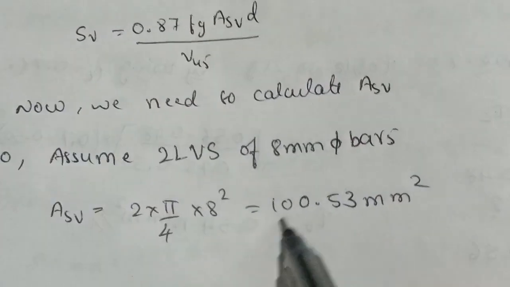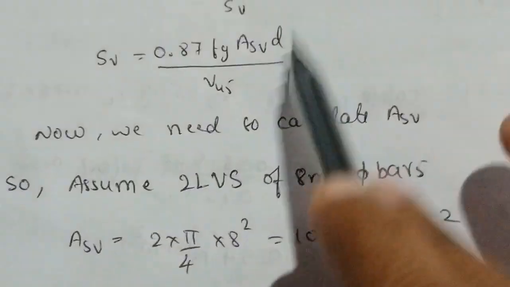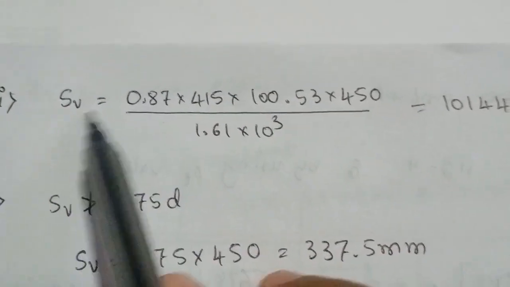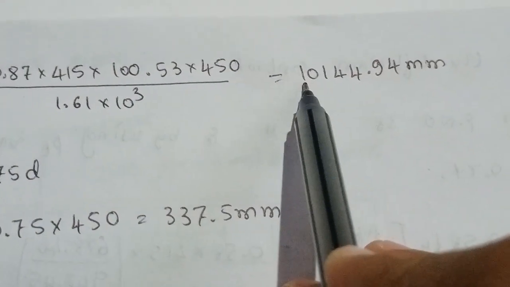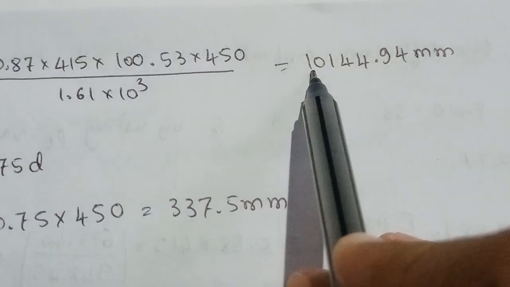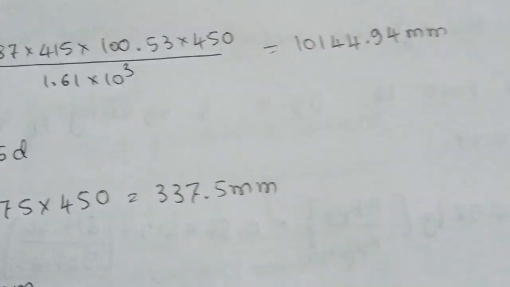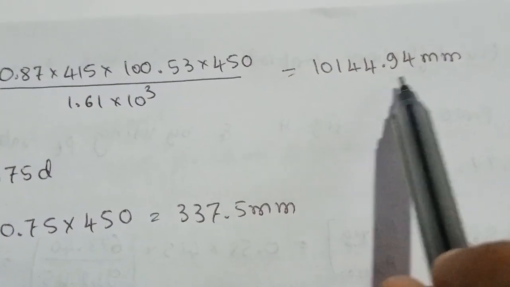After simplifying this, we will get 100.53 mm square, and substitute this value in here and calculate the SV. We get 10,144.94 mm.